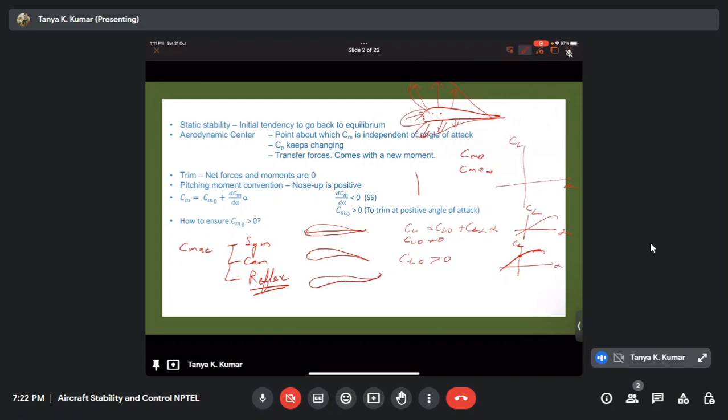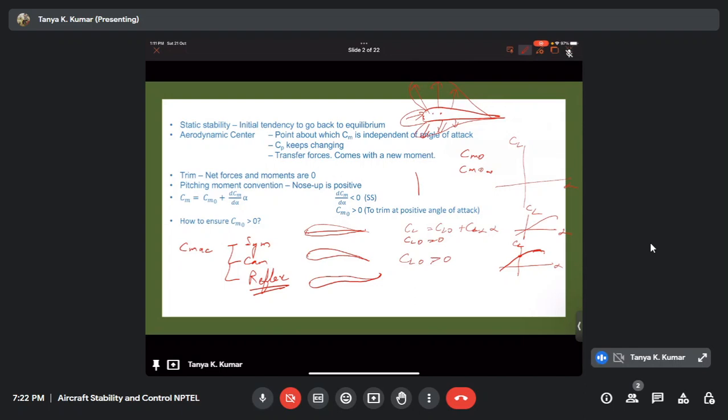Yeah, something like this, an upward curvature towards the tail. So can someone tell me why this is done? Why did we have to introduce the reflex airfoil? Maybe going through the points in the slide will help you.